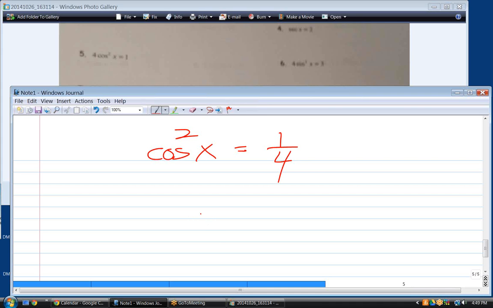What would you do if I said x squared equals 1/4 as an algebra problem? Square root both sides. Okay, this is no different. So when I take the square root of the left, I get that. What do I get on the right? It's the square root of 1/4.